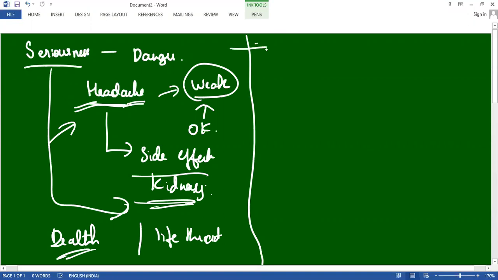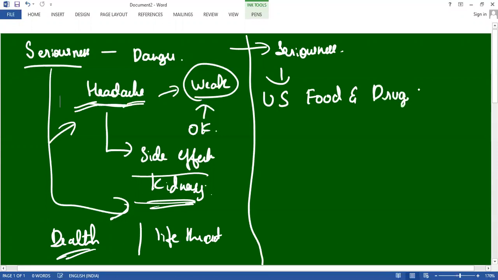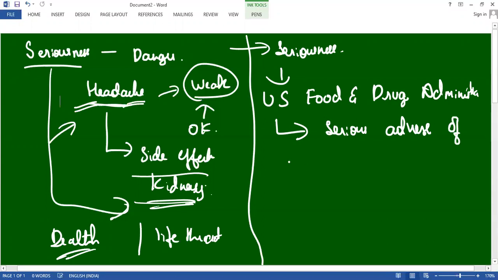So this seriousness comes under the US Food and Drug Administration. This defines the serious adverse effects of the drug when the patient consumes it.